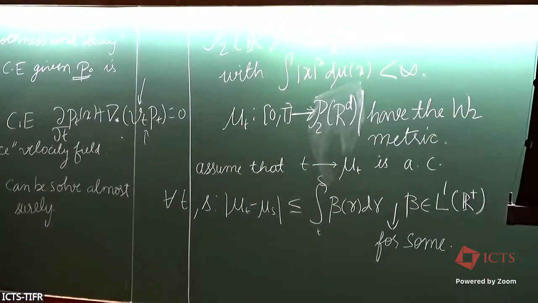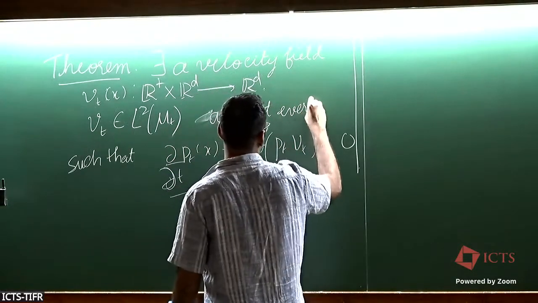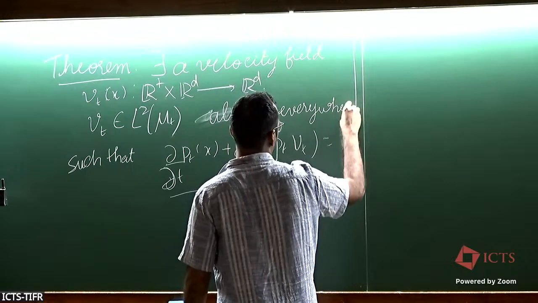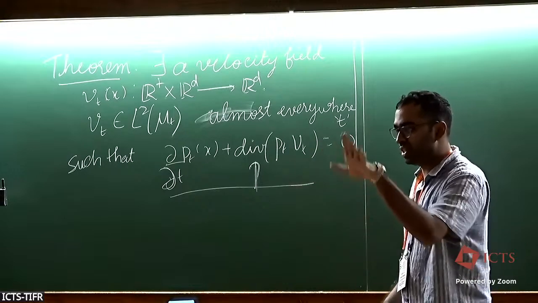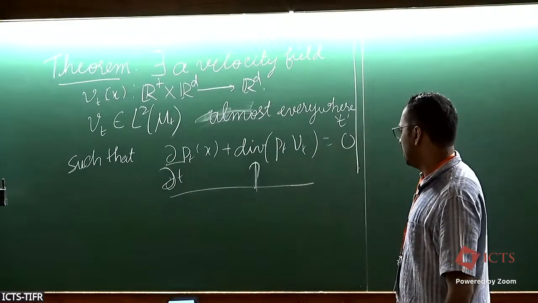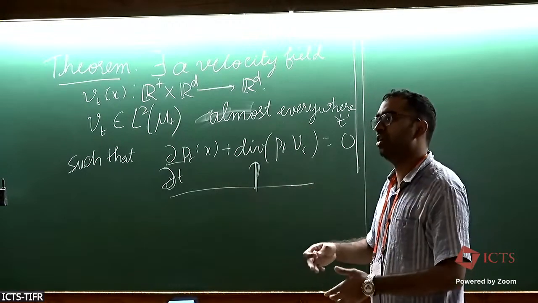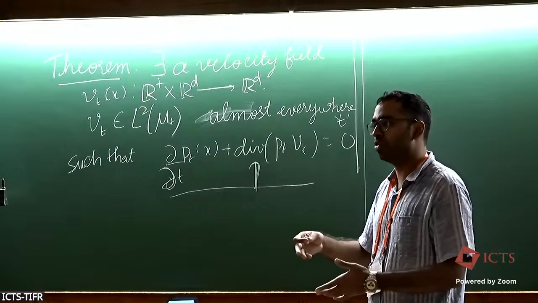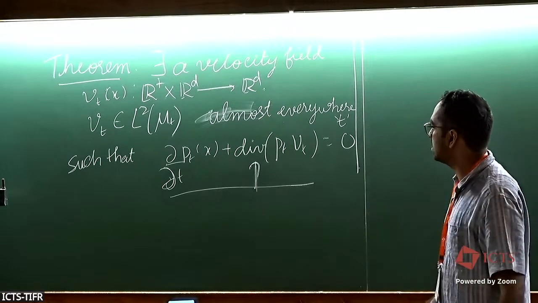So it doesn't have to be satisfied for every t, but it will be satisfied for almost every t, with respect to the Lebesgue measure, of course. Usually when you define things in terms of distribution, you cannot show that it holds everywhere. You'll end up showing that it holds almost everywhere. And that's in the sense it works.